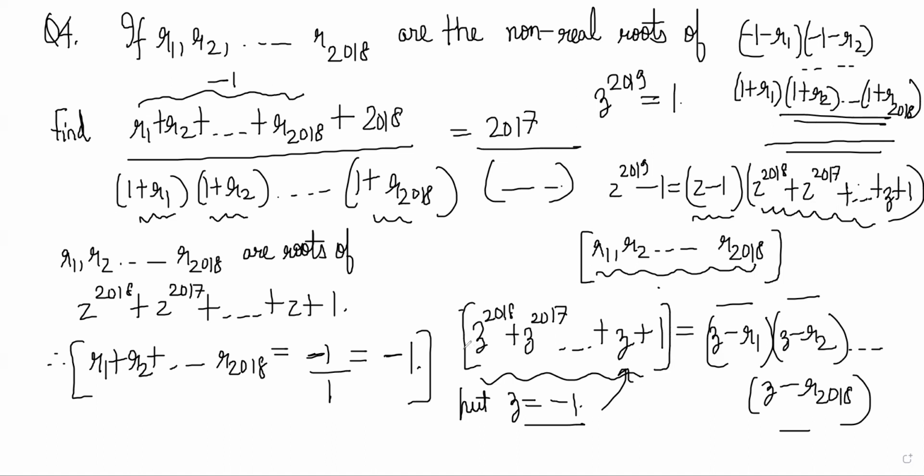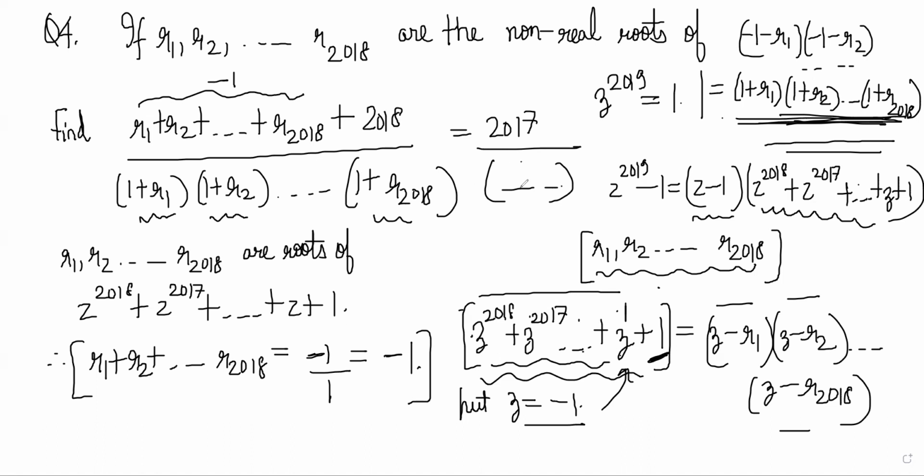When you do that, you will realize that the value of this term becomes basically 1. All the terms from z power 1, z power 2, all of these will cancel and 1 will remain, because the terms will be 1, minus 1, 1, minus 1 alternately. So this product value is equal to simply 1.